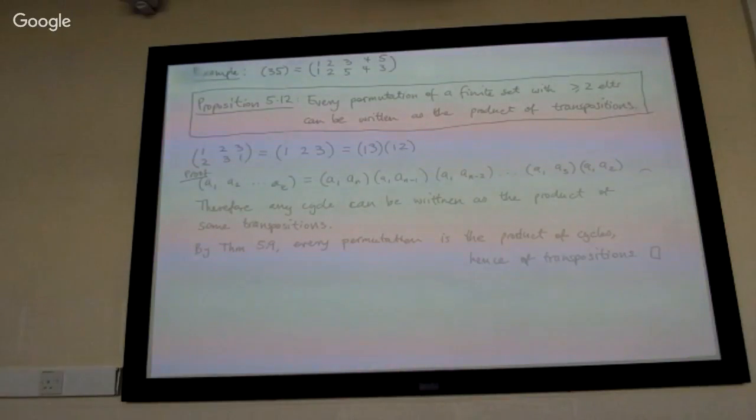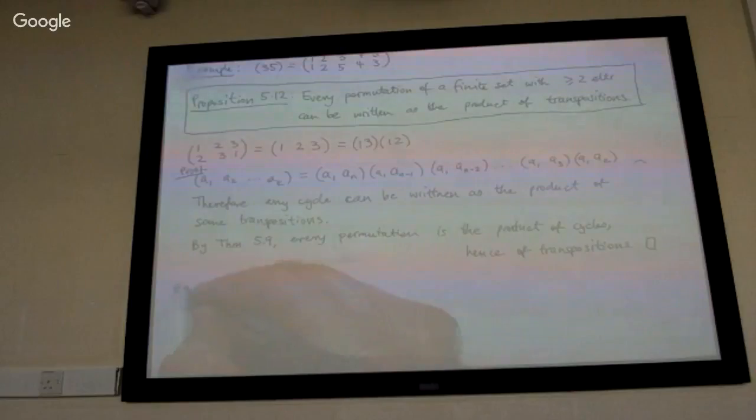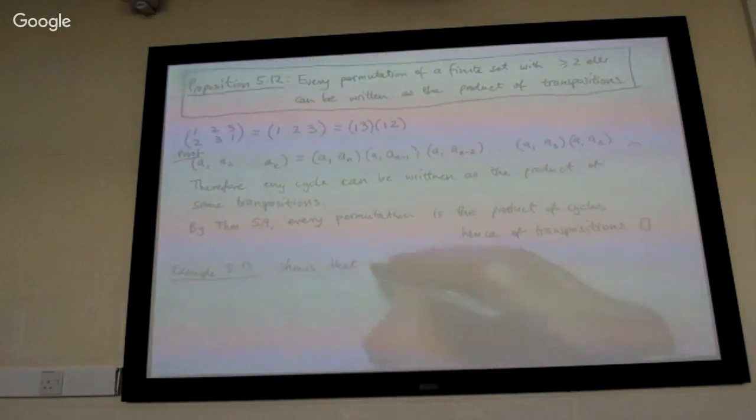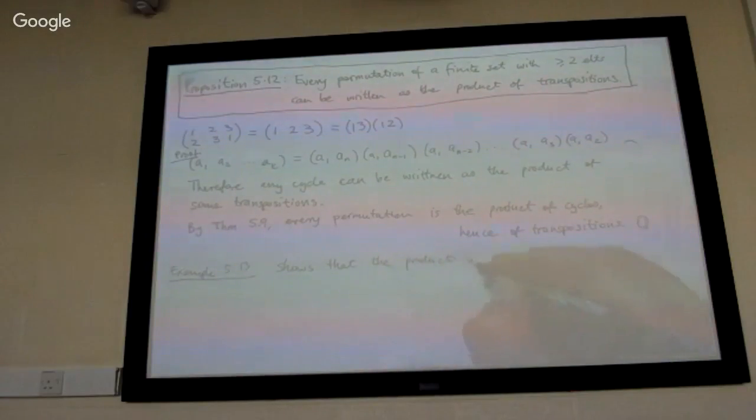For example, there's the example in the book. Example 5.13 shows that the product of transpositions is not necessarily unique.